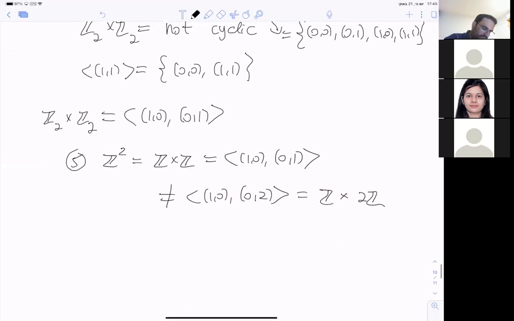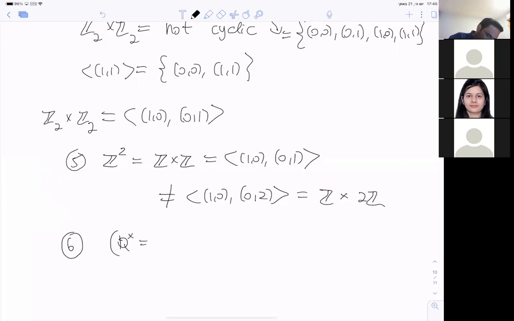Now we have this proposition. Let me just use it in a last example. If we take, for example, the field Q, and of course we have to remove the 0 so that all elements will be invertible with respect to multiplication.